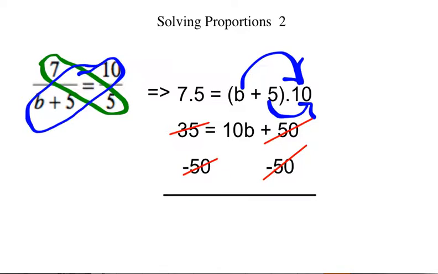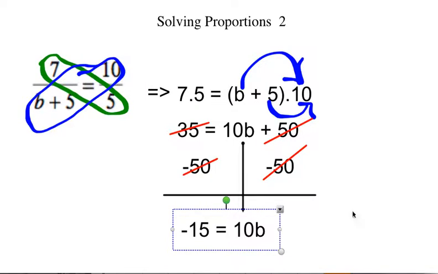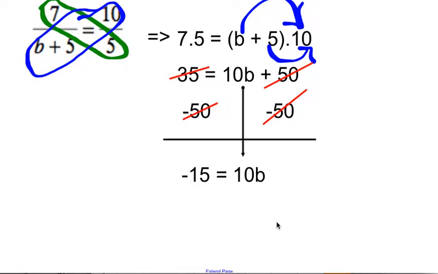So on this side, we write minus 15 is equal to, and on the right side, the same number, 10b, comes straight down because nothing is added or subtracted to it. So minus 15 is equal to 10b.